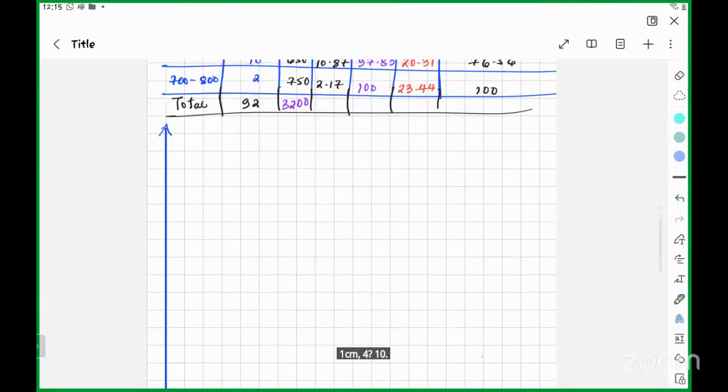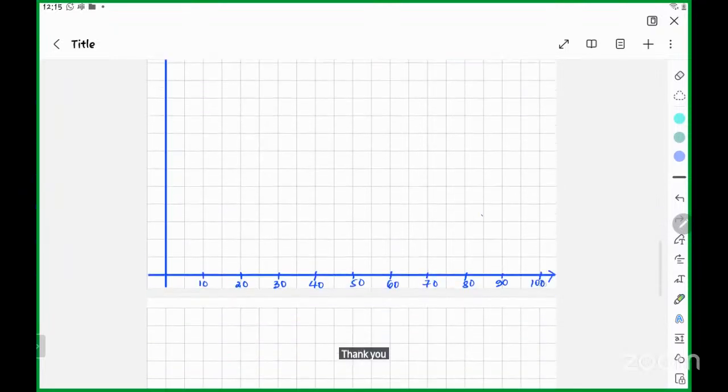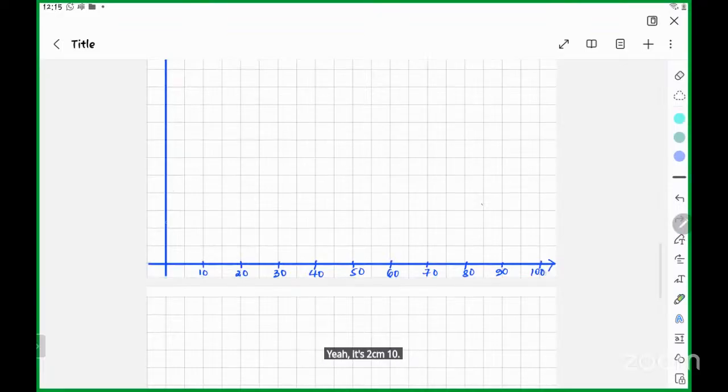And then on the vertical, 2 centimeters for 10. Perfect.